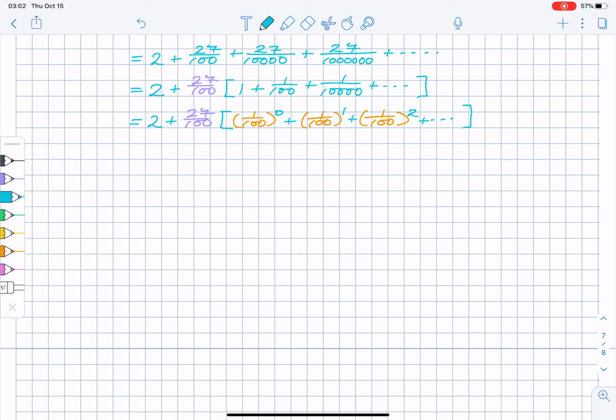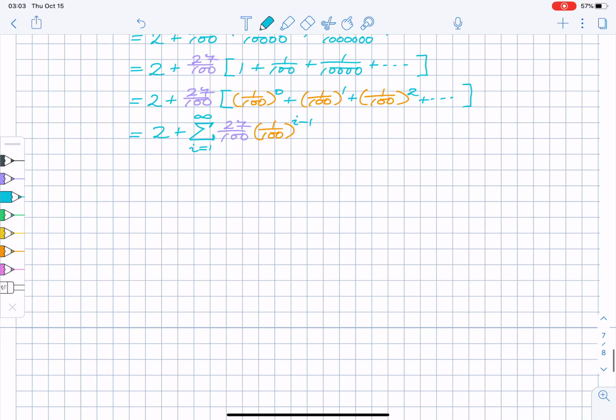So I claim that this is 2 plus the sum sigma, as my index counts from 1 to infinity, of 27 over 100 times the common ratio 1 over 100, and the exponent starts at 0, so it's index minus 1. So that's a geometric series.